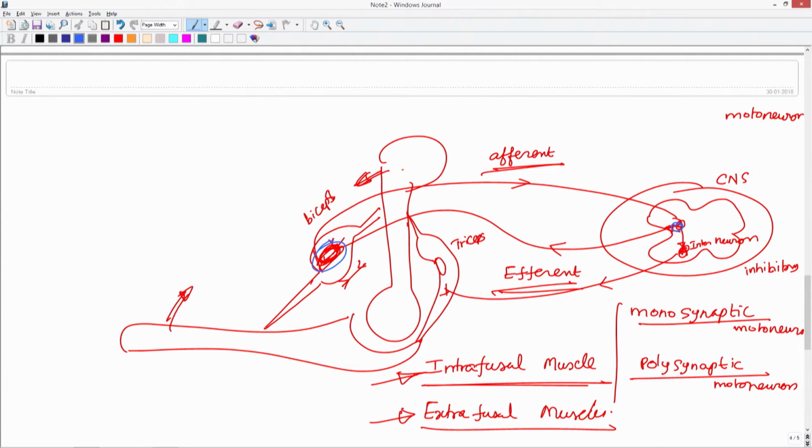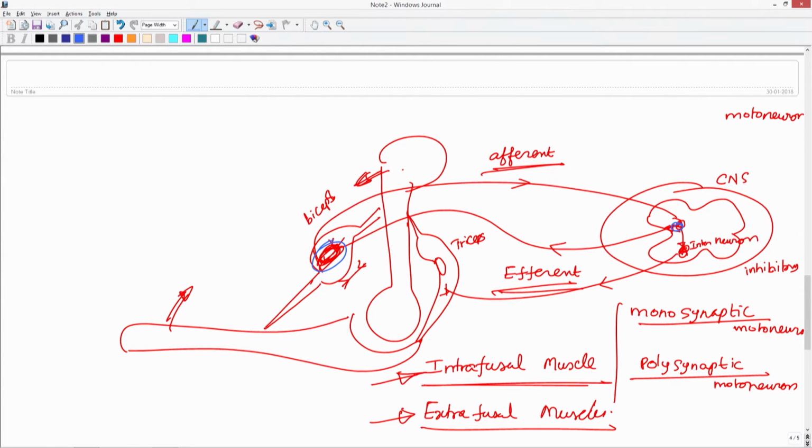Suppose you want to maintain the position, or if there is a disturbance, this is the position of the hand, and some object has fallen on it, immediately the muscle has to act.